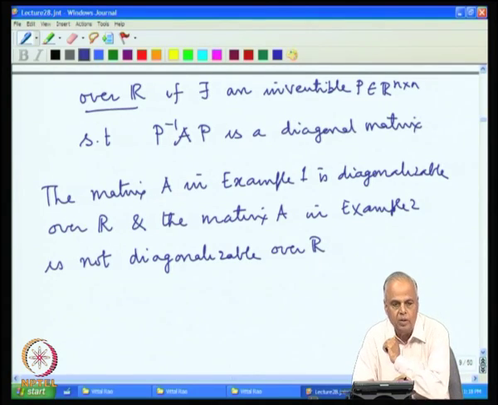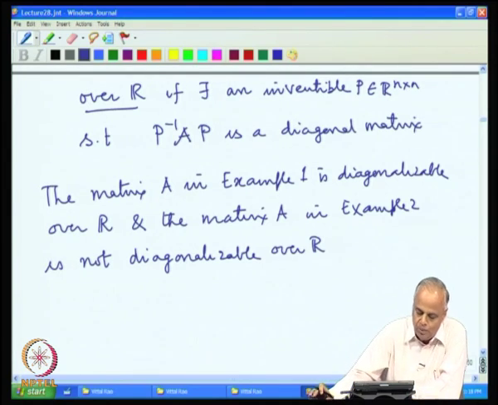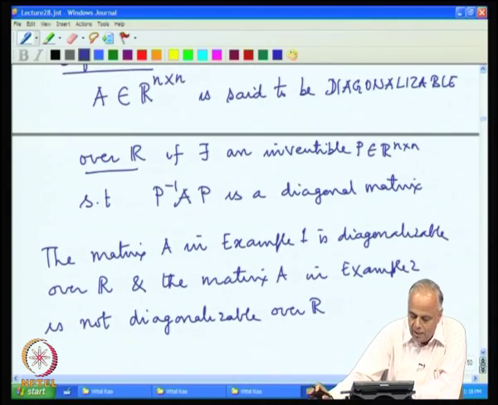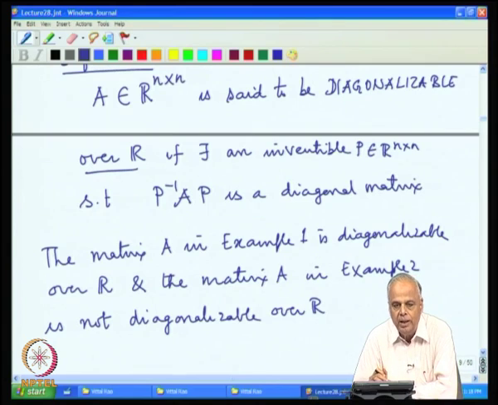So, instead of writing there exists a P such that P inverse A P etcetera, we simply say diagonalizable over R. A matrix A is diagonalizable over R if there exists a P such that P inverse A P is a diagonal matrix.